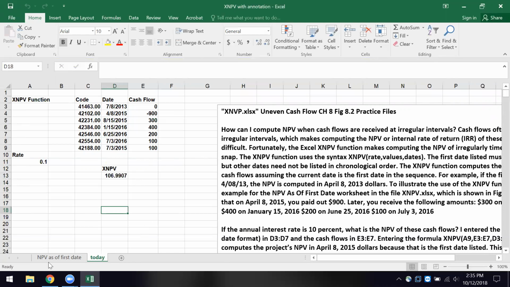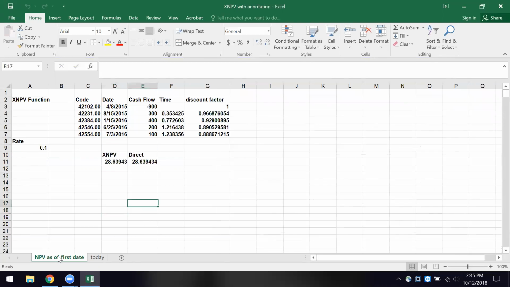The authors go into this, and they use the NPV as of the first date, and you show the code, the date, the time, the discount, to show you the cash flows using the NPV and the dates between them.